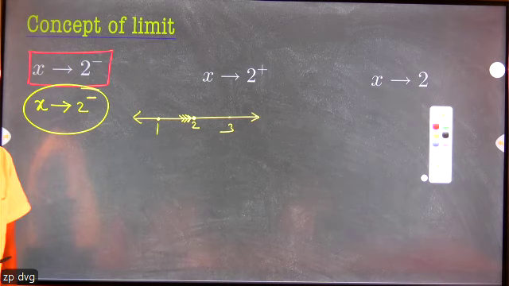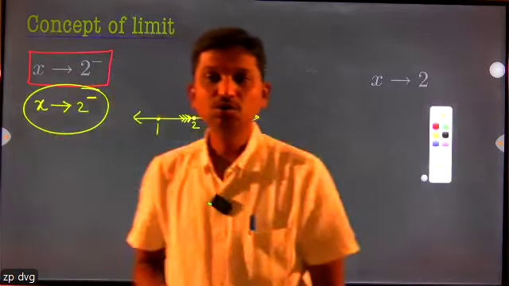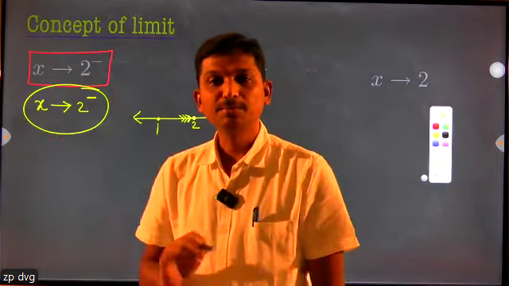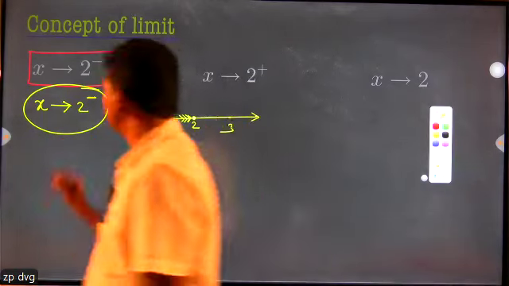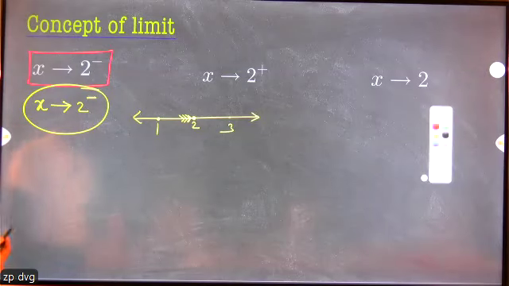x approaches 2 from the left means all x values are less than 2, very near to 2, but not 2.